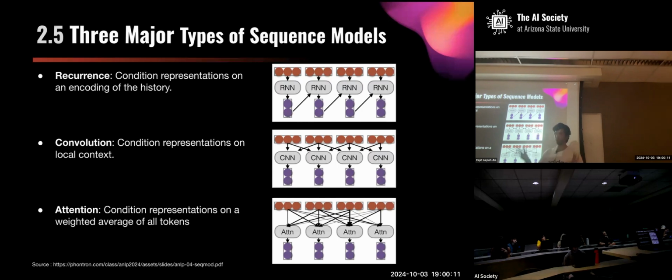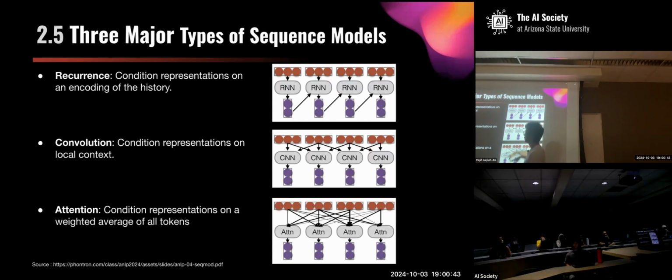But an image is a collection of pixels, and a pixel will not have that much semantic meaning. So there, running a convolution network is much more intuitive, because then the pixels or the feature maps start making sense. In language modeling, generally recurrence and attention models give good outputs.